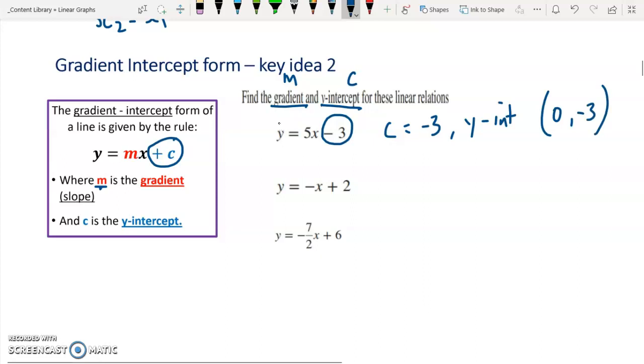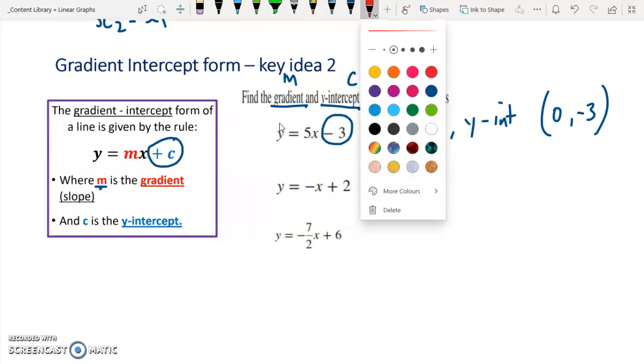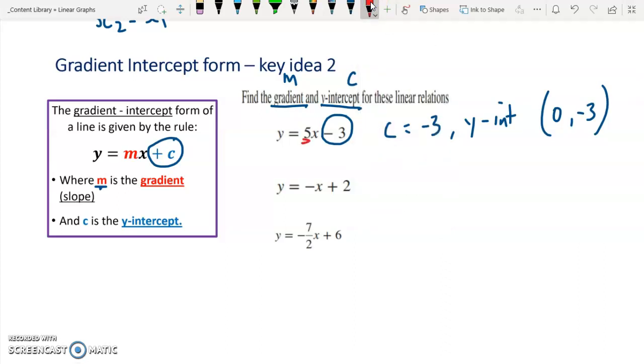Now, the gradient bit, I'm just going to change the thickness. Okay, this is the plus 5 bit. So this one here has a gradient of 5, which actually means 5 over 1.